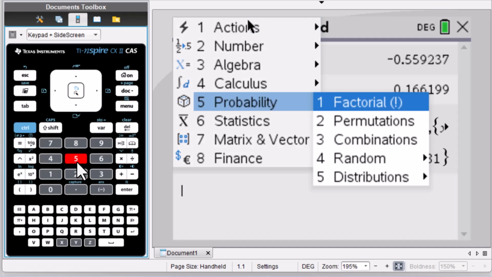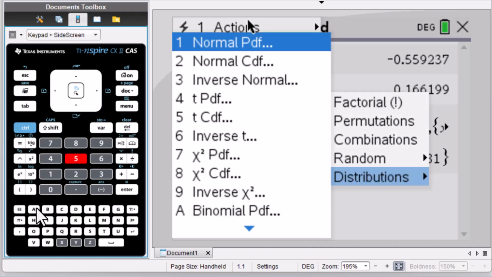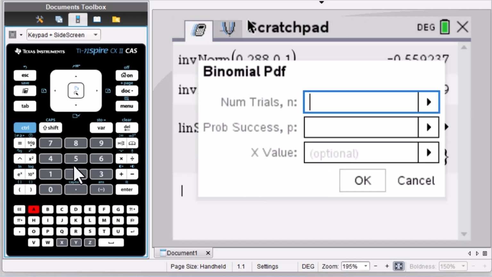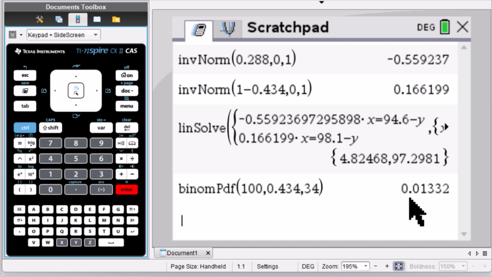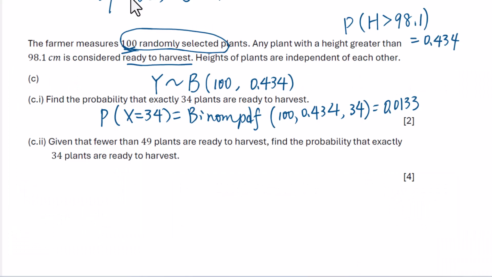Menu 5 5, A is binom PDF, 100, 0.434, 34. Enter. 0.0133.